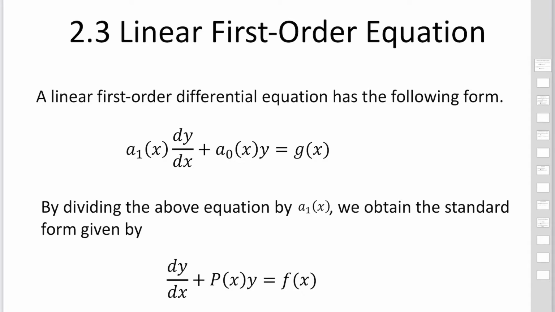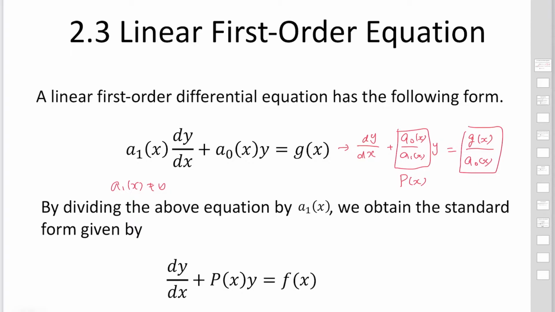When a sub 1 of x is not equal to 0, we obtain the standard form given by these equations, by dividing by a sub 1 of x: dy/dx plus a sub 0 over a sub 1 of x times y equals g of x over a sub 1 of x. In this part we call the coefficient p of x, and the right-hand side is f of x.